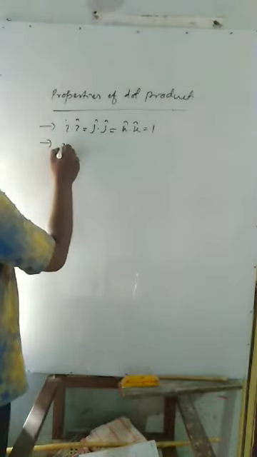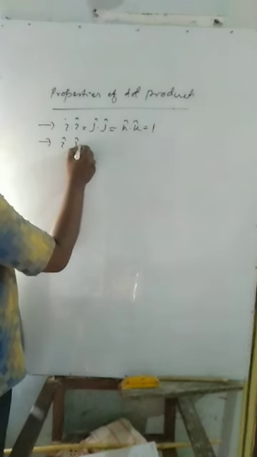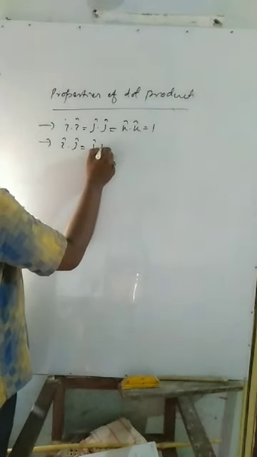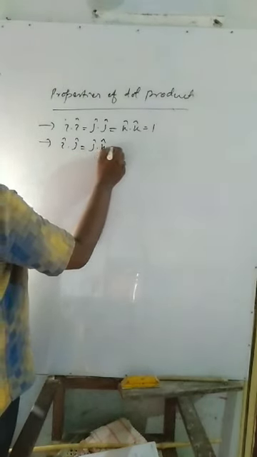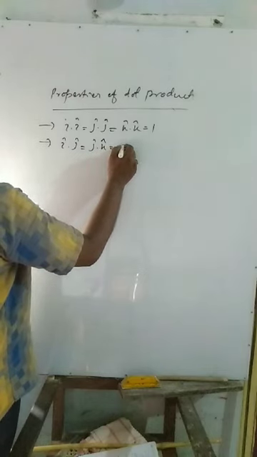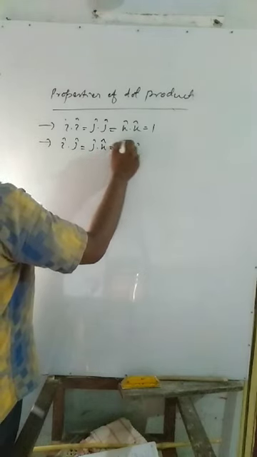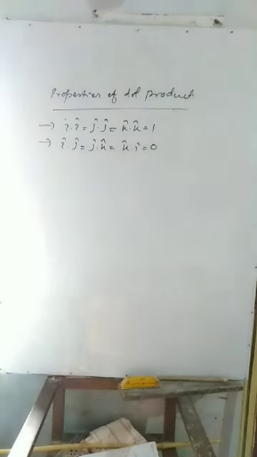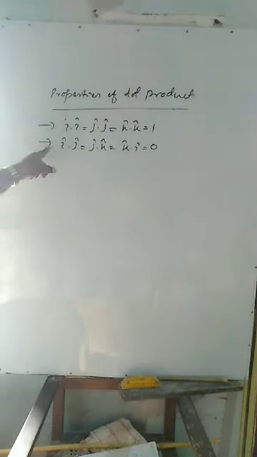The next one: i dot j is equal to j dot i, j dot k equal to k dot i, is equal to 0. The dot product of two dissimilar vectors equals 0. Here i cap and j cap are two dissimilar vectors, and their dot product is 0.